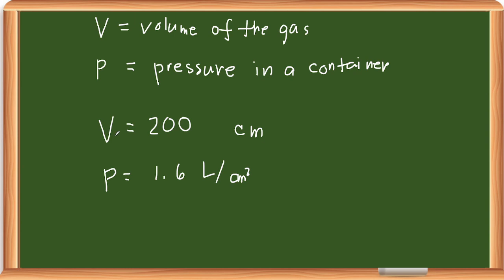Okay, so we have V sub 1 and P sub 1. And another given when the pressure is, okay, so that means ang isa pang given is P sub 2. It is 2.8 liters per centimeter square. Okay?